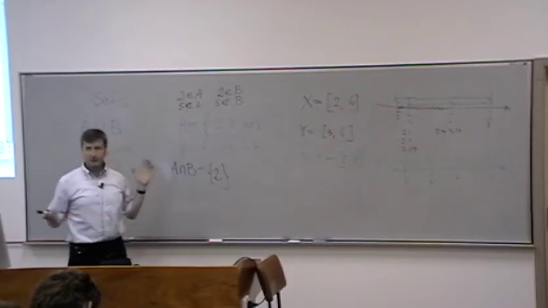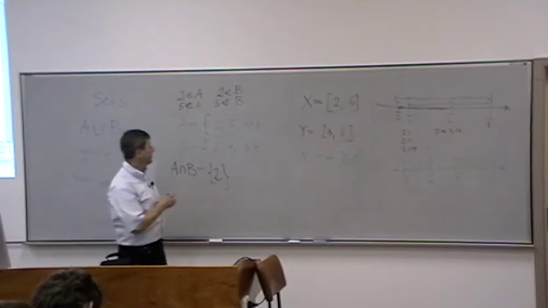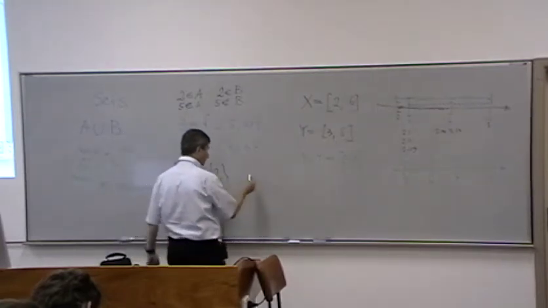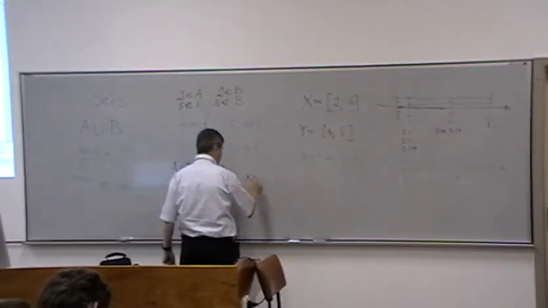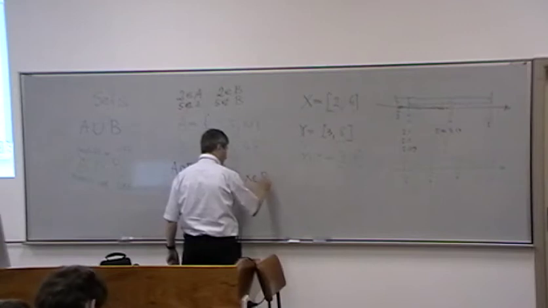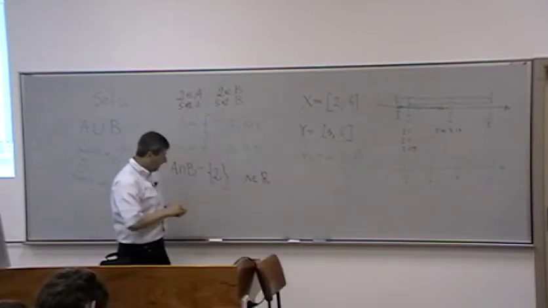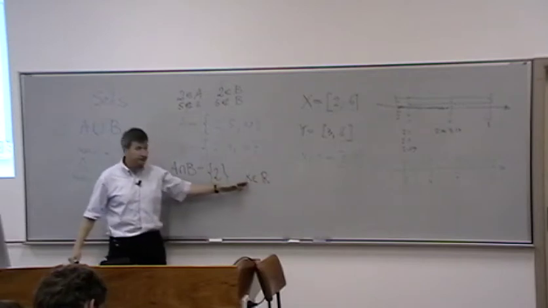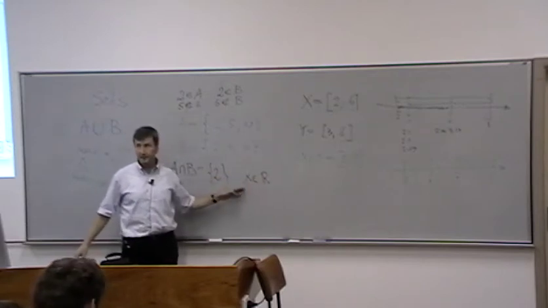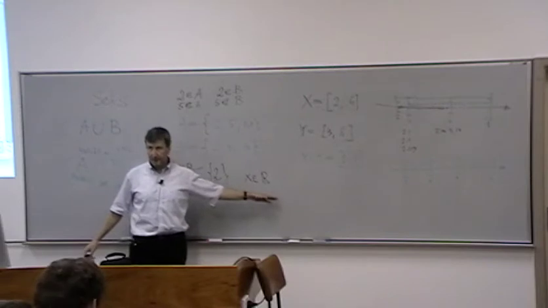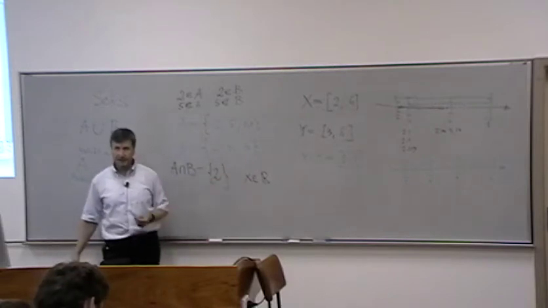There was some discussion on Moodle saying that if X is an element of R, this is just another way to say X is a real number. X is an element of the set of real numbers means X is a real number.